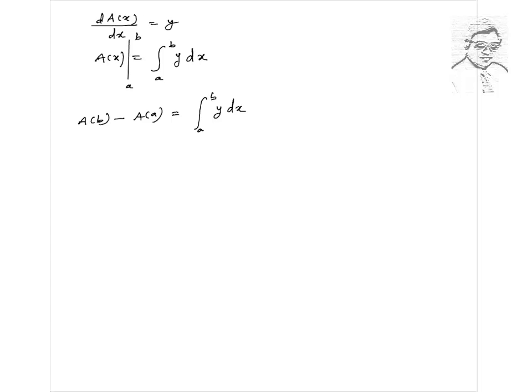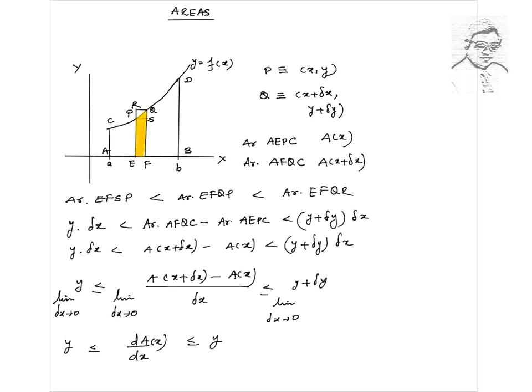A of B minus A of A. How did we define A of x? Area of AEPC, where E was x.